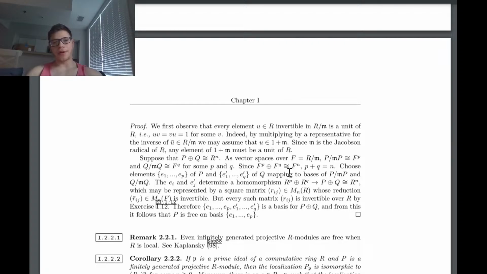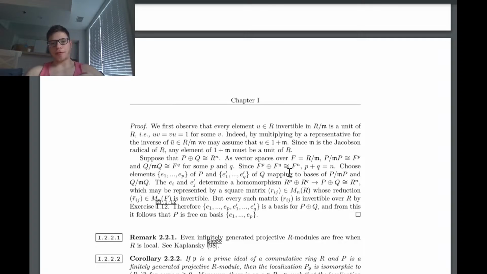So that's another way to prove it, but I think mine is a little bit simpler, just because if you're invertible in R mod M, then you're outside of the maximal ideal.